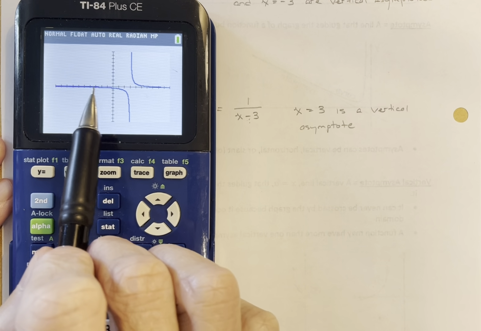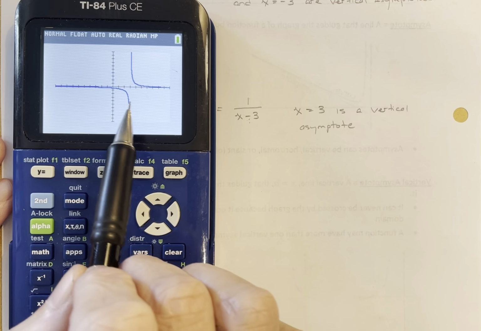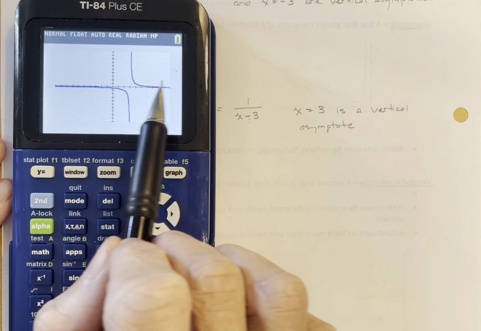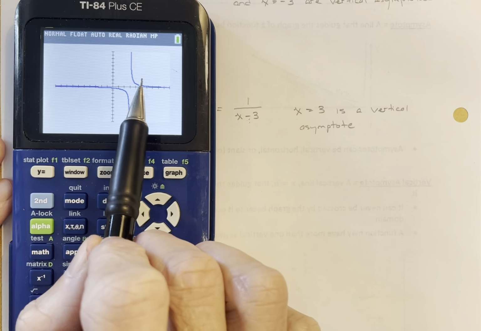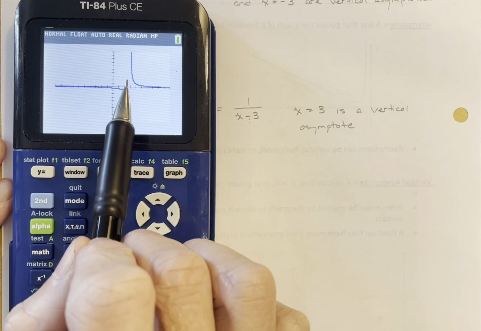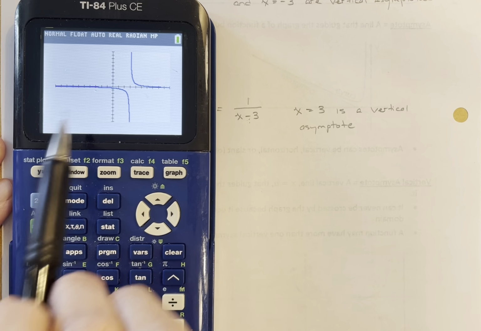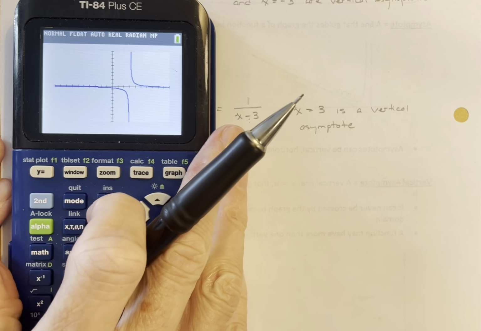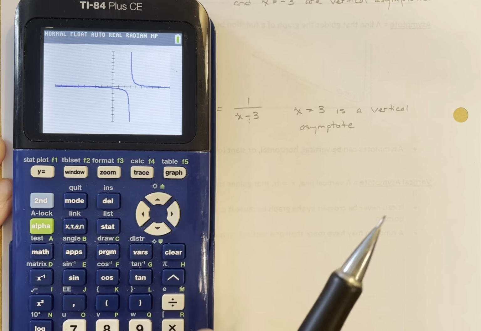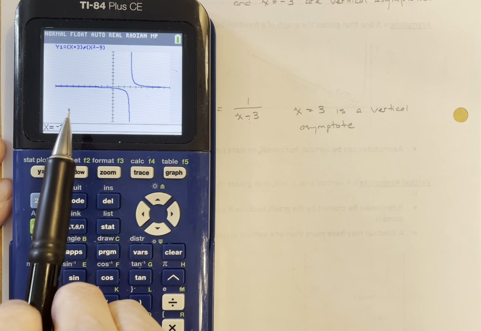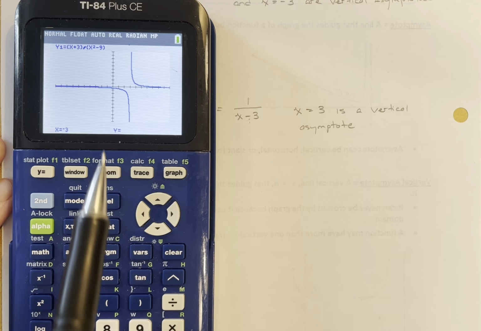As x approaches 3 from the negative side, the function goes to negative infinity. As x approaches 3 from the positive side, the function goes to positive infinity, but there's no vertical asymptote at negative 3. Okay, so what's at negative 3? Well, let's go to trace, and let's put in negative 3, and I'll press enter.